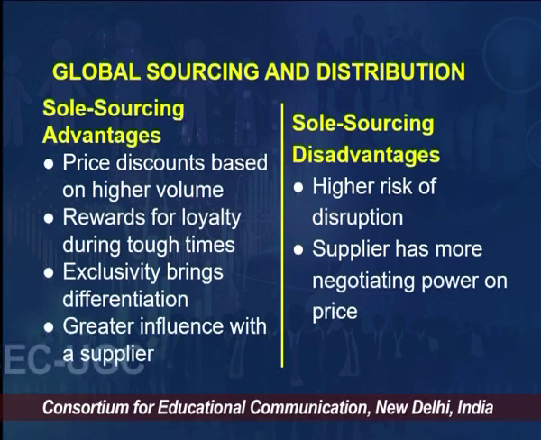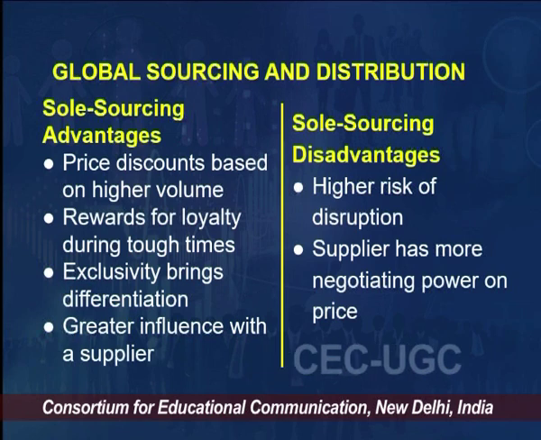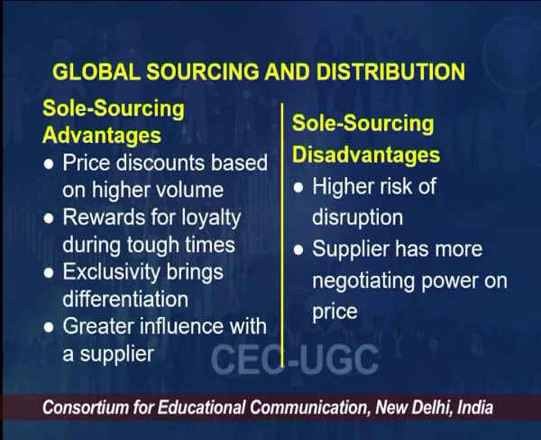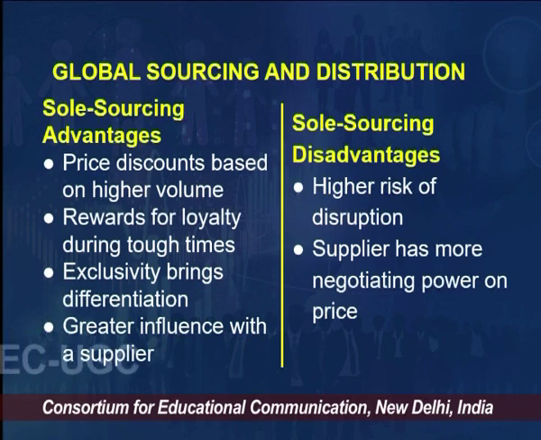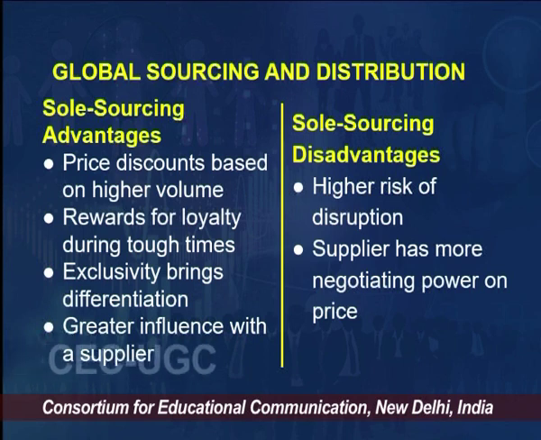The second is, the supplier has more negotiating power on price. At times it goes negative. When your supplier is not morally or ethically very strong, they can use this as a tool for twisting your arm. That arm twisting can be done by the supplier, because the supplier has more negotiating power on your price. They can say that if you want the supply, we will be charging a higher price.